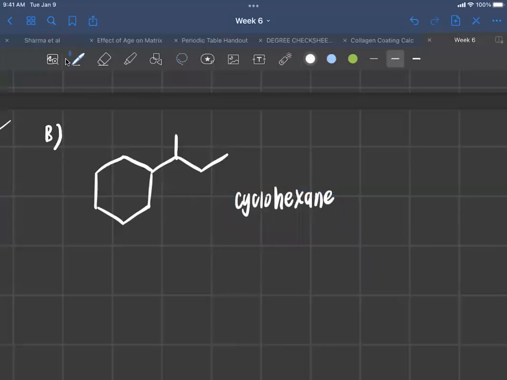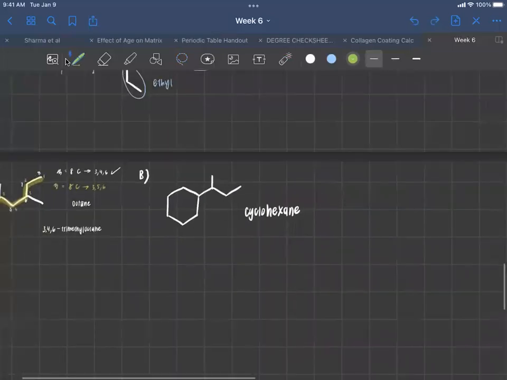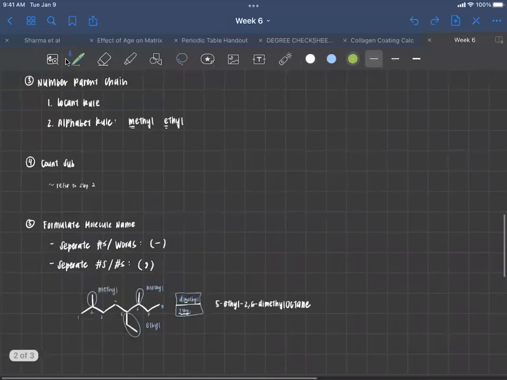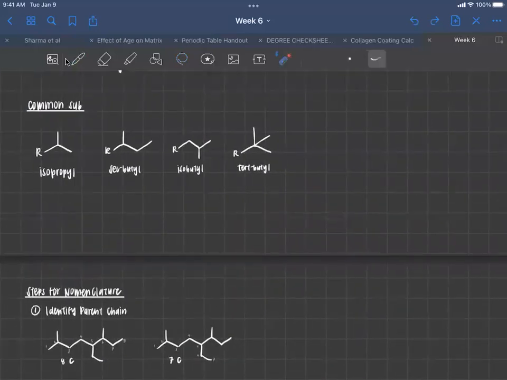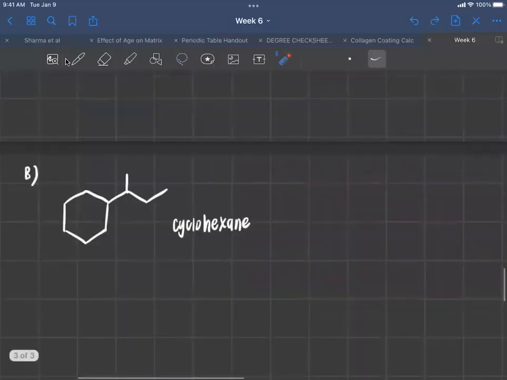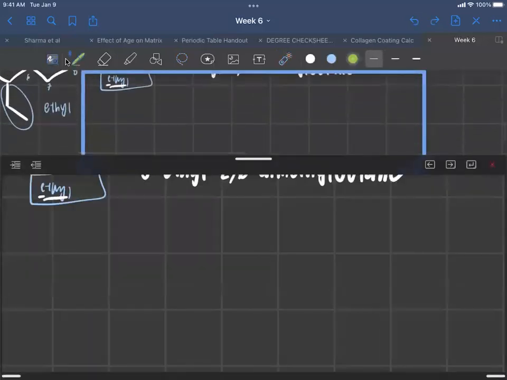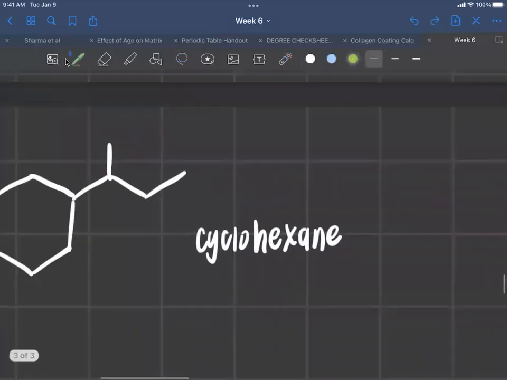We have located our substituent being right here, this one right there. And that looks to me like one of the common substituents. Let's take a look here. And yes, this indeed is one of our common substituents. That's going to be our sec-butyl. Okay, so we have a sec-butyl.